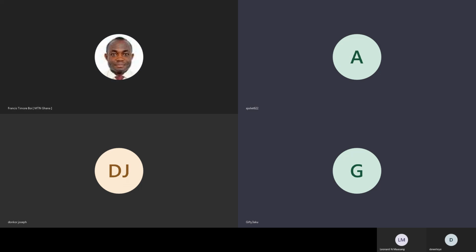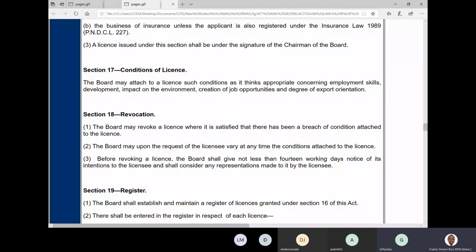Okay. All right, 17. Conditions of license. The board may attach to a license the conditions that it considers appropriate concerning employment skills, development, impact on the environment, creation of job opportunities, and the degree of export orientation. So the license mostly comes with some conditions.